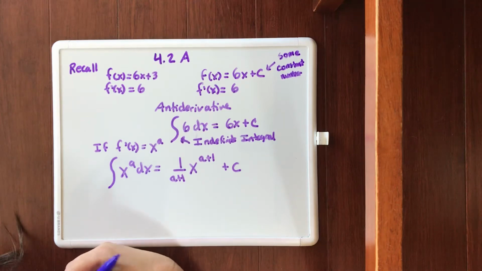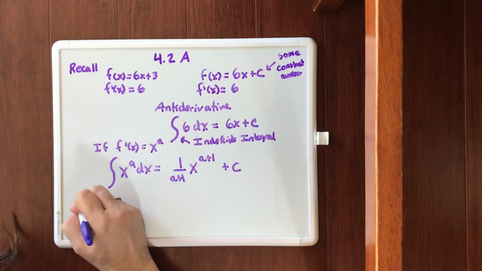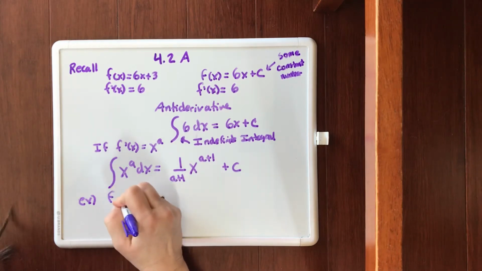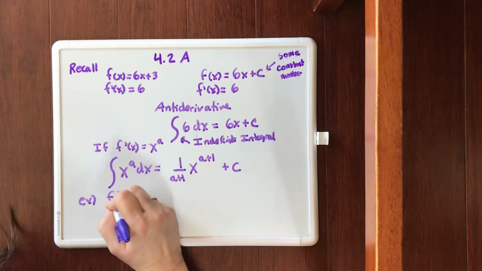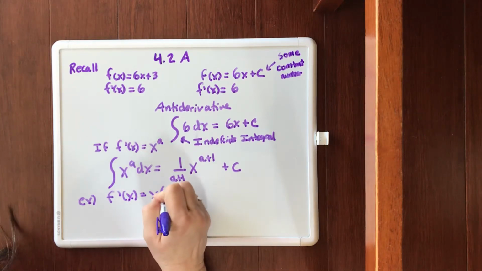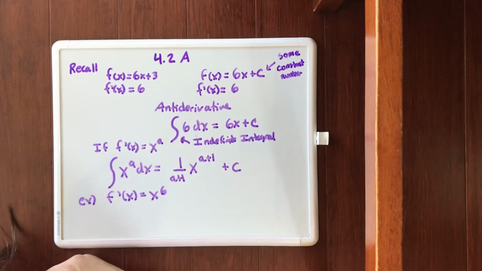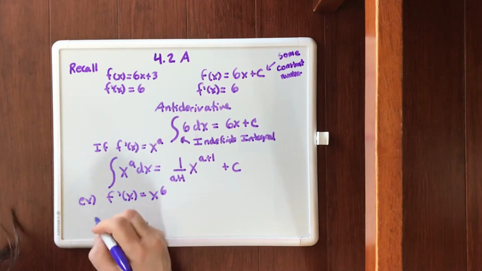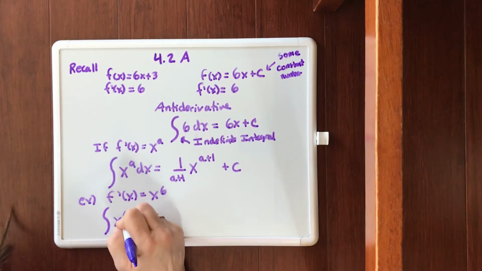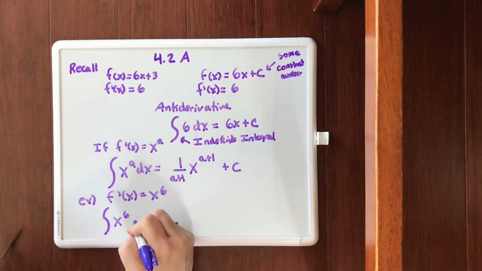Let's do an example. So here's an example. F prime of x equals x to the 6. So we're going to start off with that. Now we want to go the other way. So we're going to integrate x to the 6 dx.